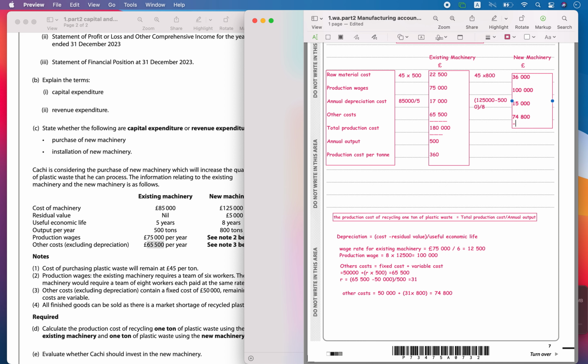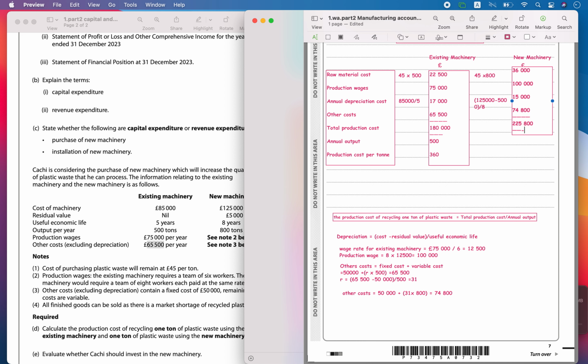Now let's calculate the total production cost for the new machinery. If I add 36,000 plus 100,000 plus 15,000 plus 74,800, that value will be 225,800.